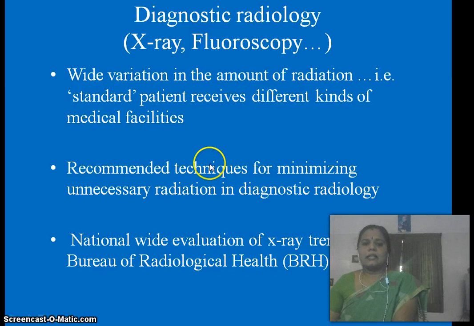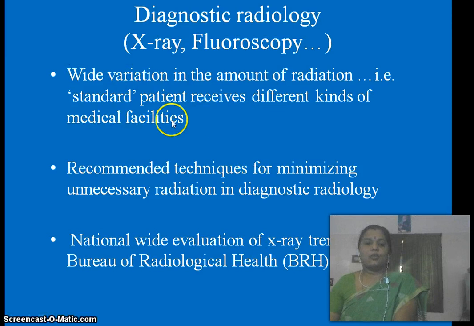Okay. And there are many instruments which are used worldwide, which vary in the amount of radiation exposed to the patient. That is, if a patient is diagnosed here in India at a particular medical facility, and if the same patient is diagnosed in some other place, for example in the USA, at some other medical facility, the amount of radiation exposed will vary. Why is this kind of variation there?